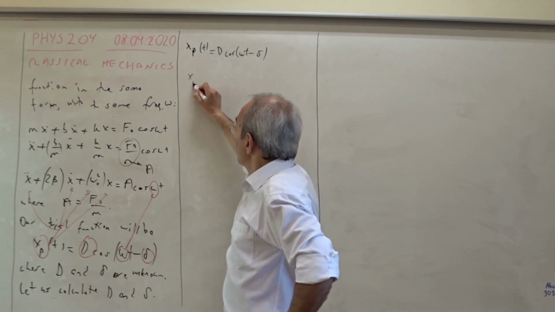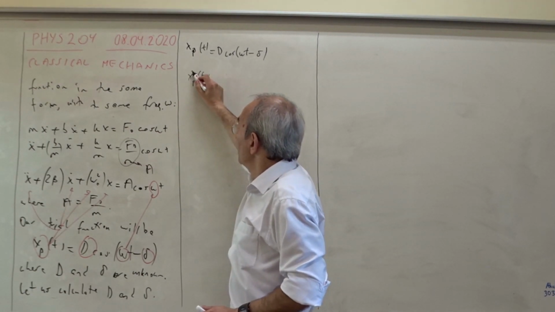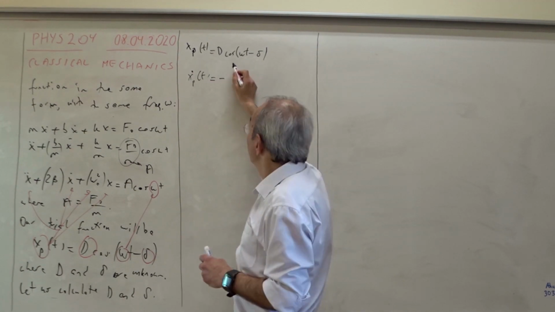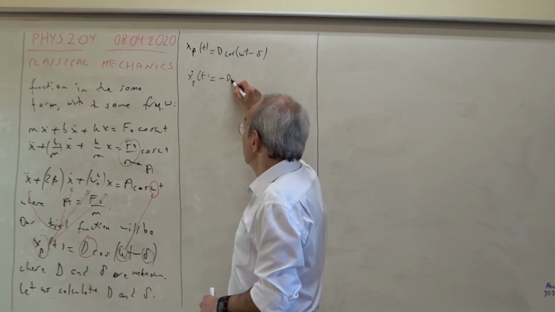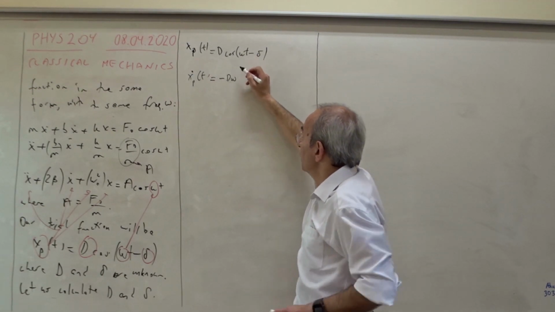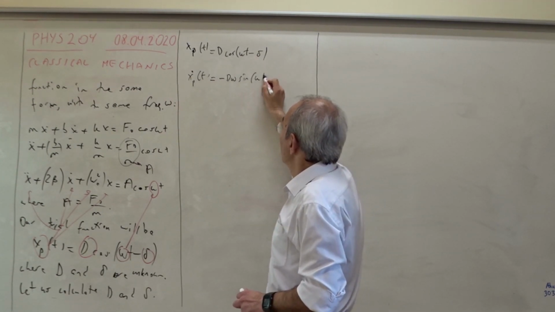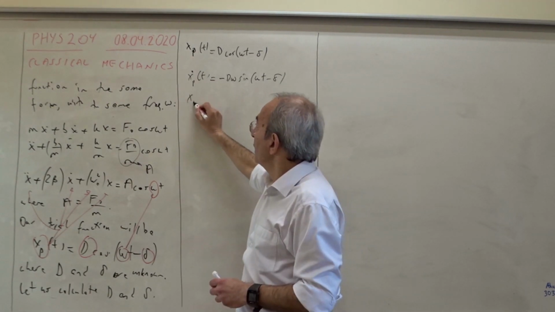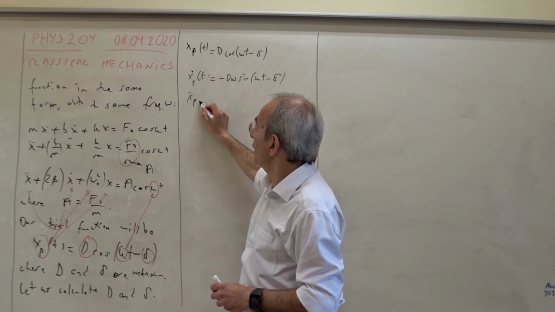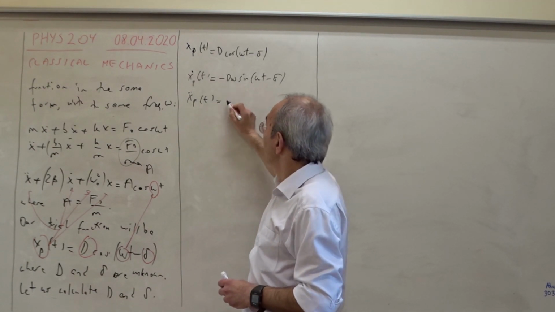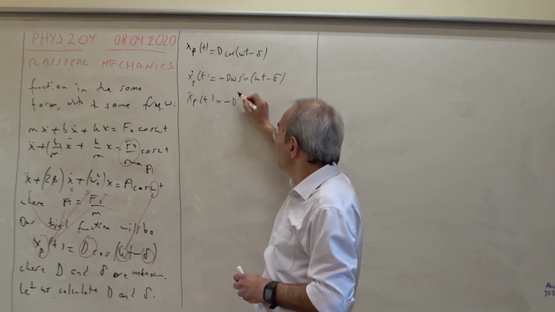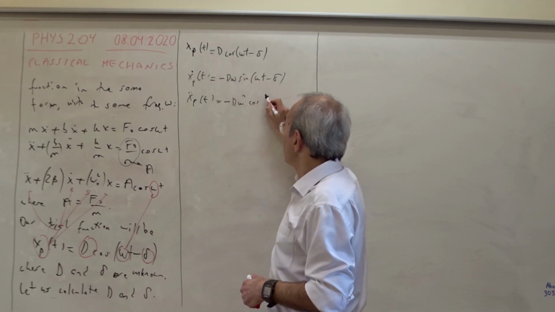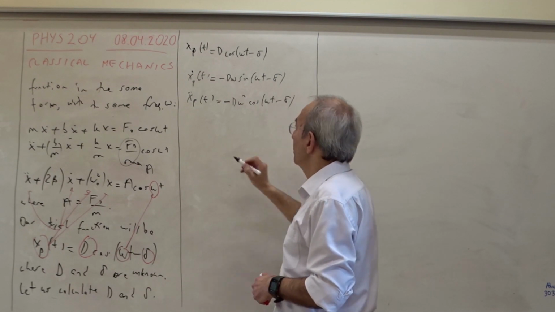Then, of course, xp dot, the first time derivative, will be minus sine from the cosine term, minus D omega, omega coming from the inside, sine of omega t minus delta. Accordingly, xp double dot, the acceleration, will be again minus sine, D omega, with one more omega coming from the inside, omega squared, cosine of omega t minus delta.